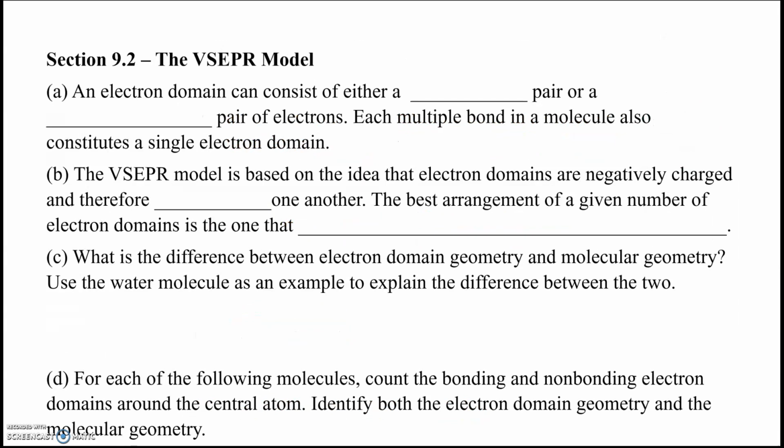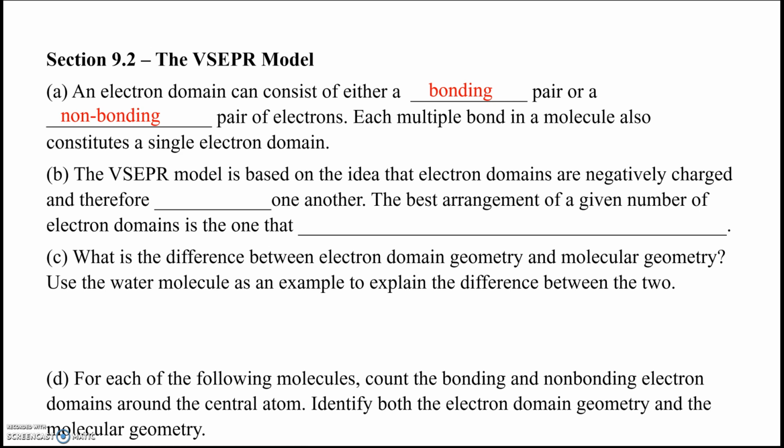Okay, now let's talk briefly about this VSEPR model. The electron domain can consist either of a bonding pair or a non-bonding pair. And each of the multiple bonds in a molecule constitutes a single electron domain. Doesn't matter whether it's a single bond, a double bond, or a triple bond. These are all considered to be single electron domains.